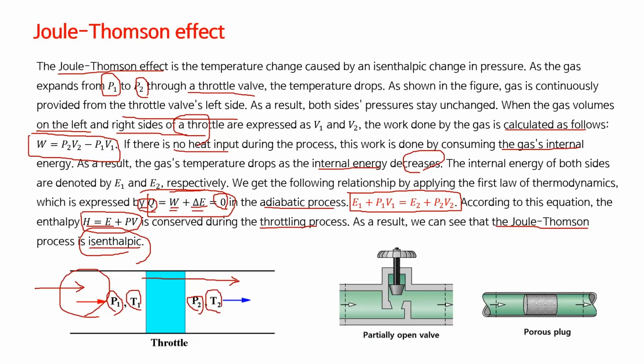So no heat input is provided, and so this process is done in the adiabatic process. So enthalpy is conserved in this process. So this throttle can be consisted of the partially open valve or porous block.